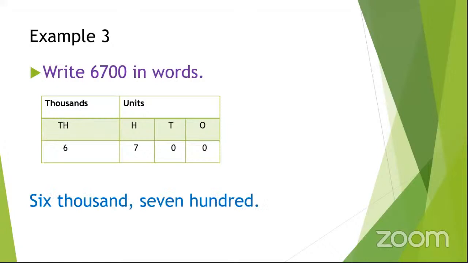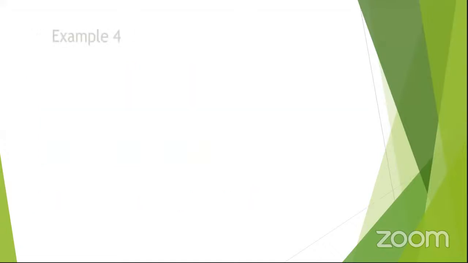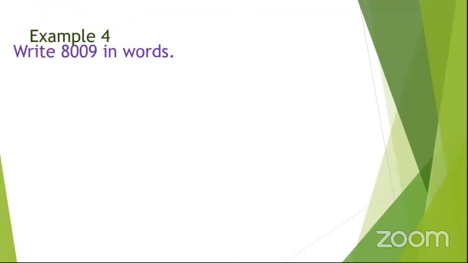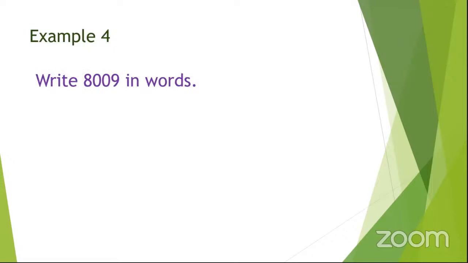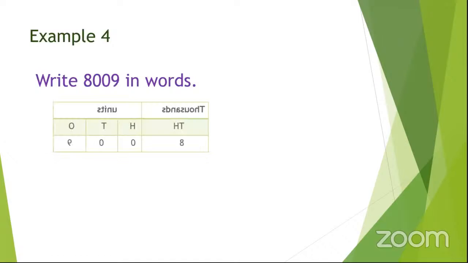Let us see also another example here, then we shall have questions. We have example 4. Write 8,009 in words. So what we do, we come here, we give them place values.